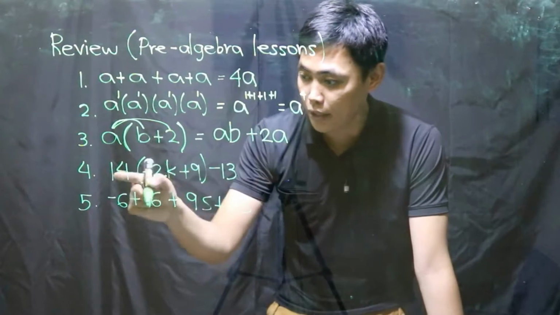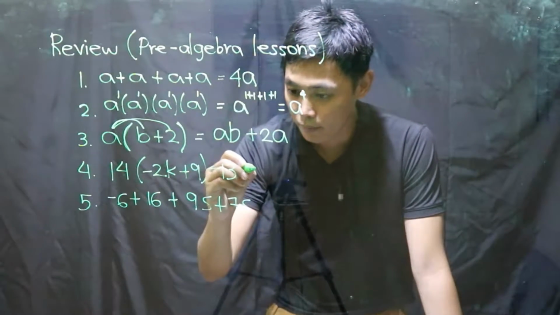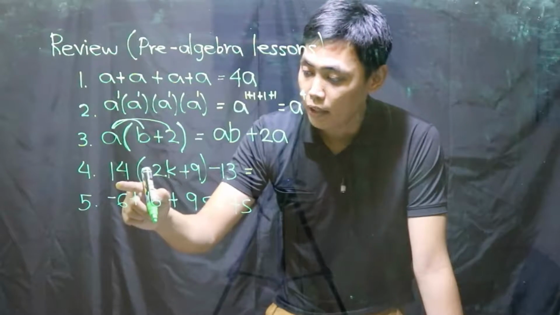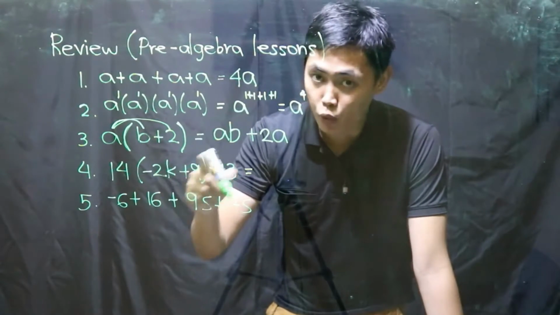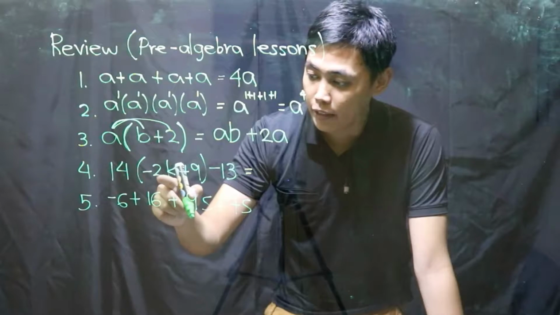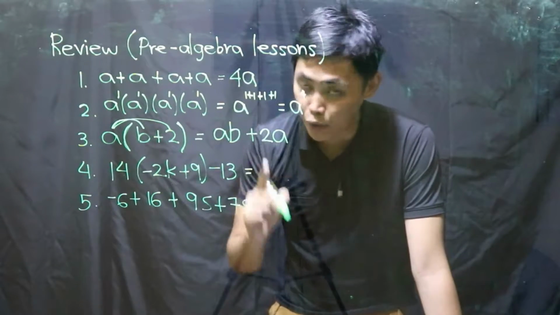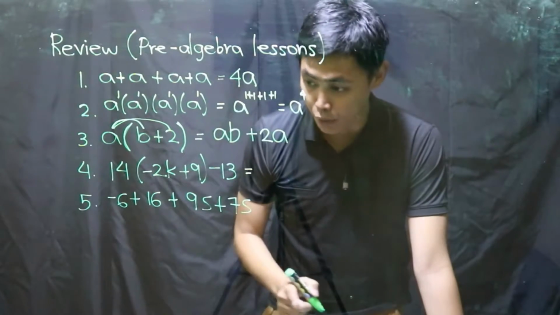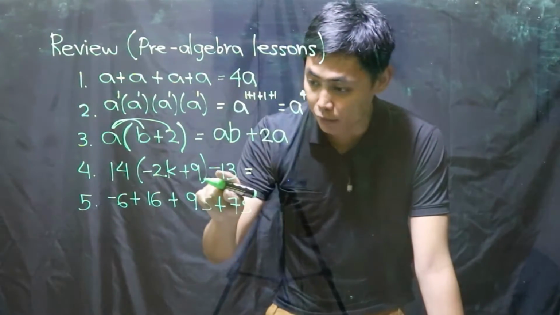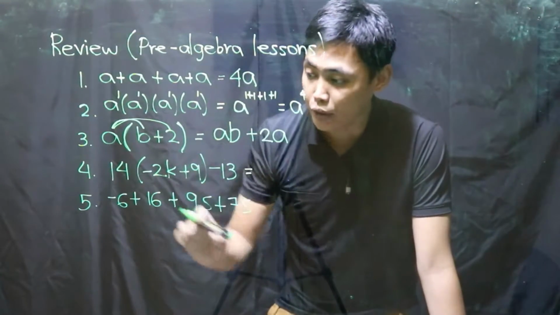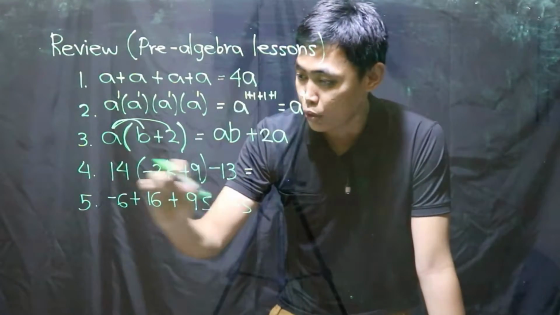Okay? For number 4, we have 14 times the quantity negative 2k plus 9. So what will we do? First, we will distribute the 14.